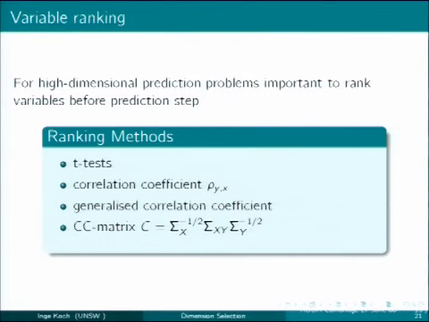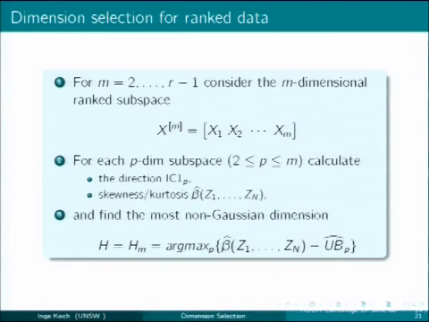Okay, so here are some ranking methods. We tend to use the bottom one, but any of the ranking methods can be applied to what I'm going to say now. So the first step is we want to get the right dimension of the X data. So we rank our subspace.